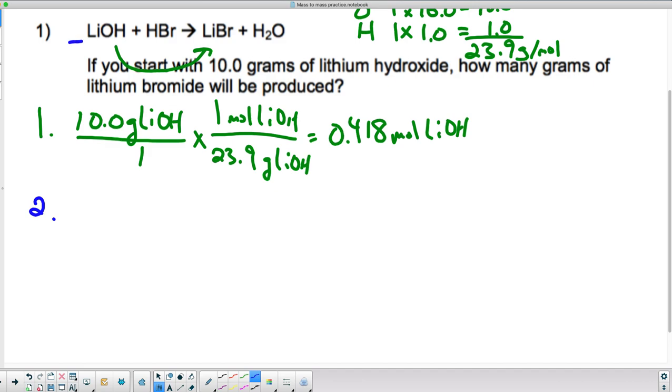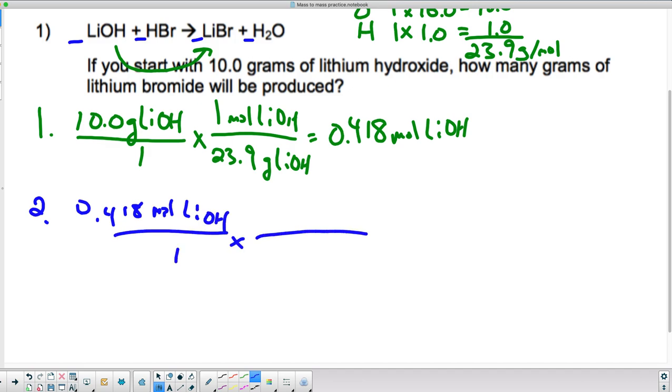Notice for this balanced equation that I didn't really talk about this yet, but it's 1's going all the way across. So here's what that means. It means I start off with 0.418 moles of lithium hydroxide, okay? That's important that I can do that.